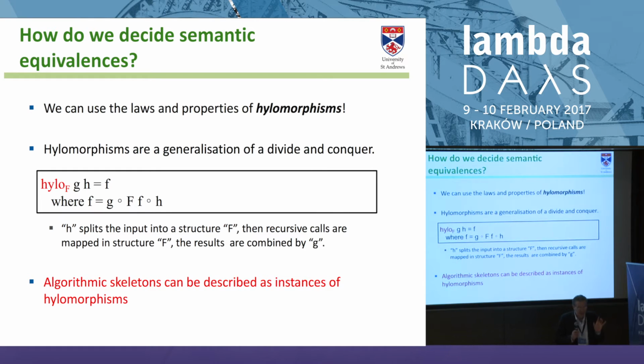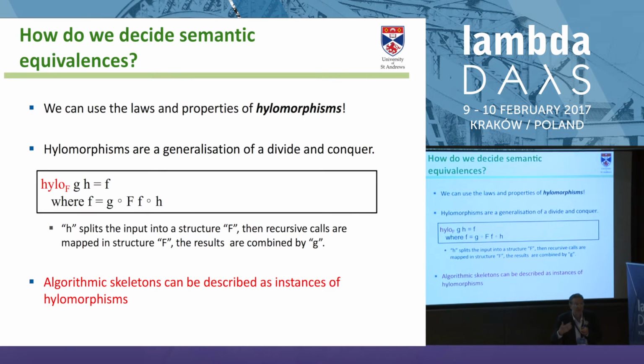If you've got a hylomorphism over a G and an H, then that's defined as doing a G, applying some F, and then doing the H. What's happening is that the G part is the split part in a divide and conquer. The F is the operation you're applying, and then the H part is doing the combine part in your divide and conquer. So a hylomorphism is simply a generalized divide and conquer.